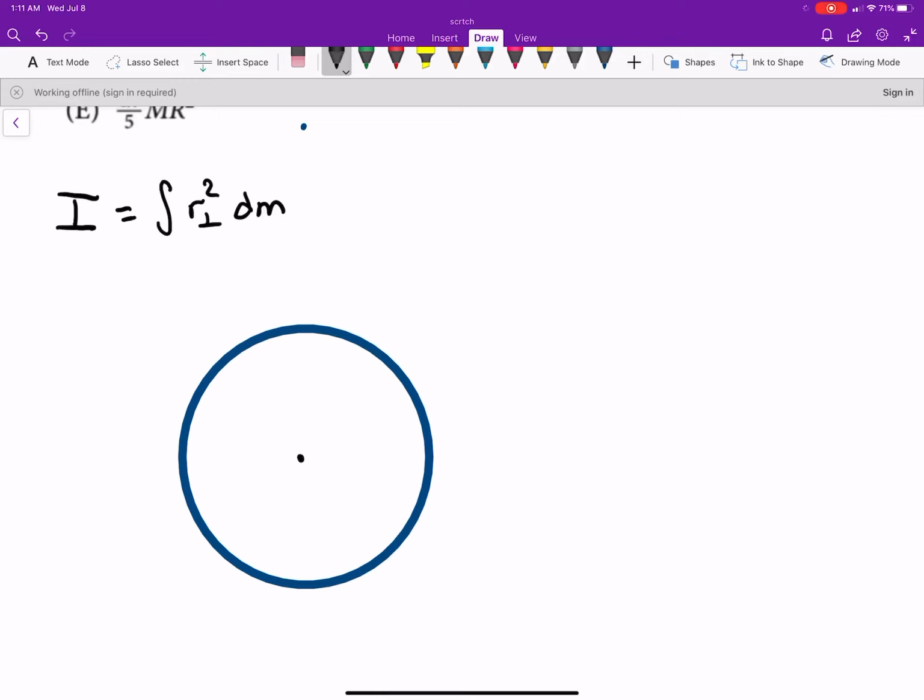So I'm going to go ahead and draw our axes. We'll be rotating about the z-axis. There's our y, and there's your x-axis.